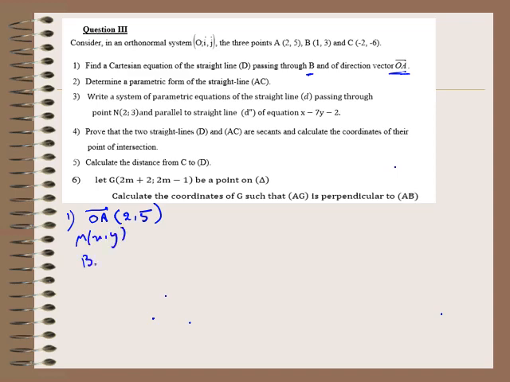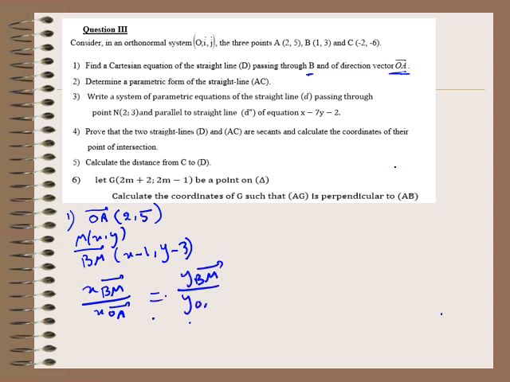So the vector BM is xm minus xb, ym minus yb, so x minus 1, y minus 3. So we find the equation xBM over xOA equals yBM over yOA. x minus 1 over 2 equals y minus 3 over 5.